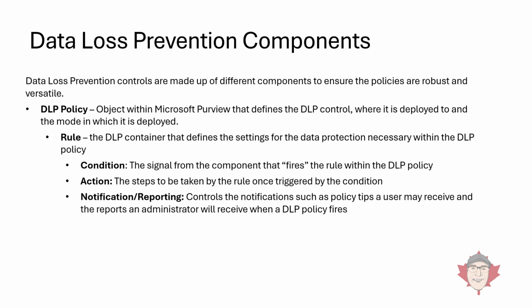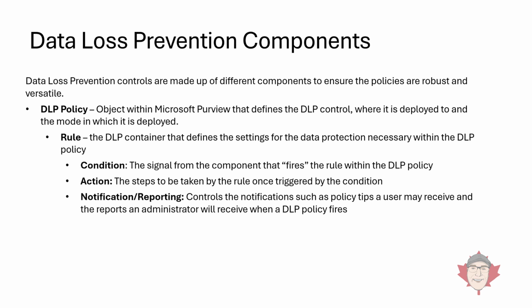It also manages the template you will use to monitor data flow, whether that be information categorized as financial or medical, private, or something completely custom. Finally, it also controls the policies that are deployed to different locations in your organization.